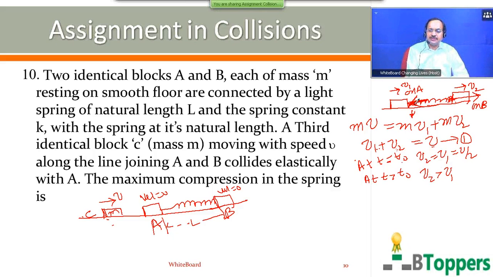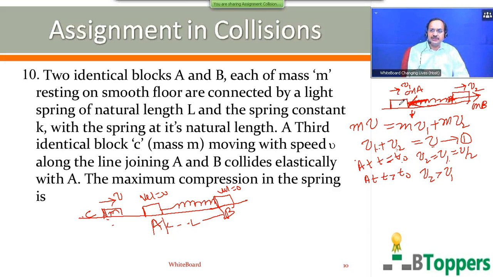That means the compression of the spring will be maximum at the instant t equal to t naught, when the separation between the two blocks is minimum. So in all such questions, to find the maximum compression in the spring, you have to take V2 equal to V1 at the instant of maximum compression.